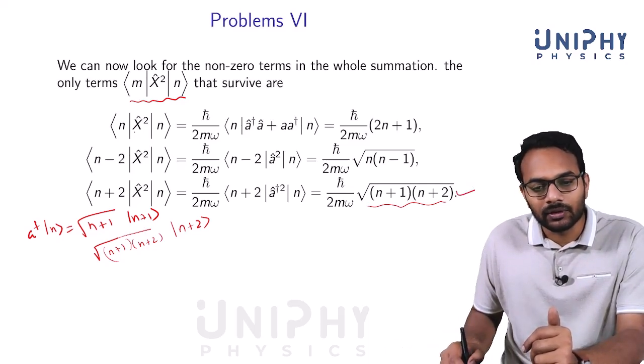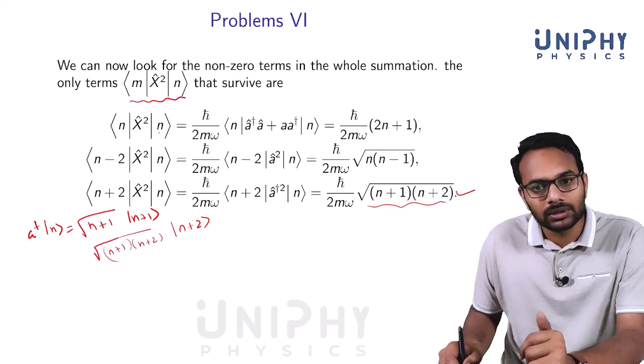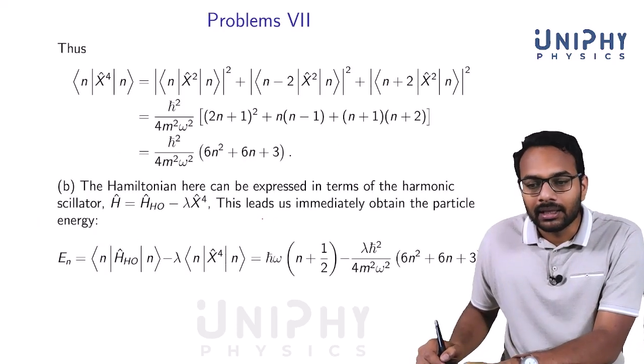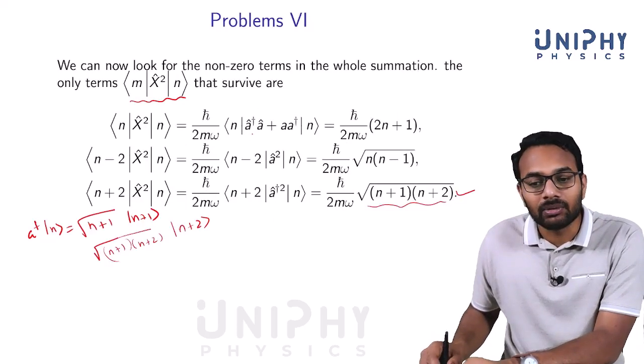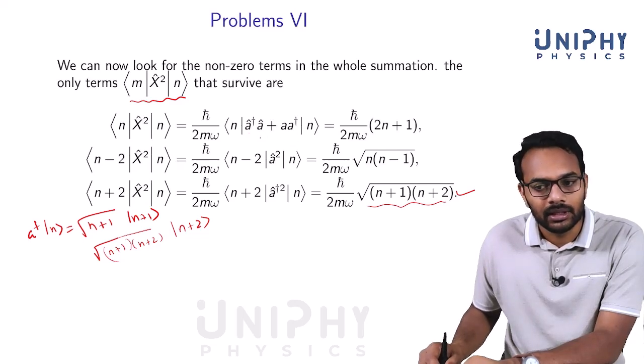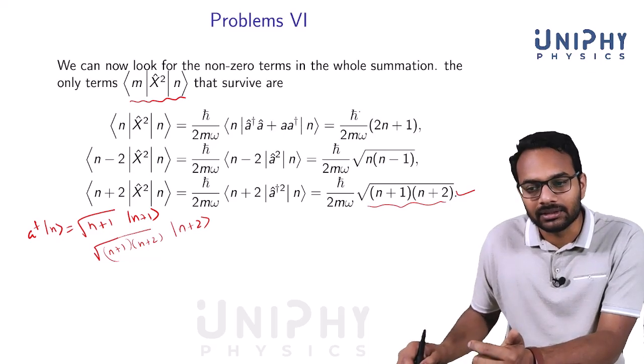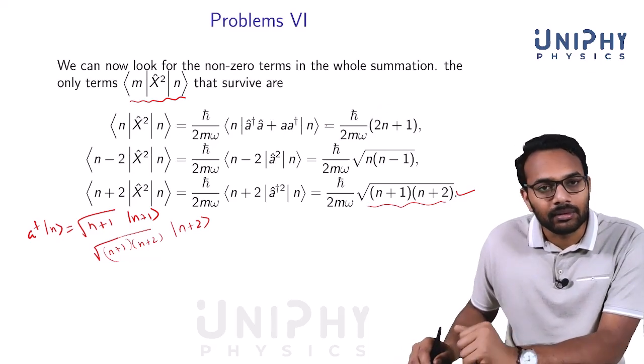Similarly, there are also non-zero terms when n is equal to m. That corresponds to terms where a and a† appear an equal number of times, a†a plus aa†. We already know that when a†a plus aa† comes between these, it is 2n plus 1.